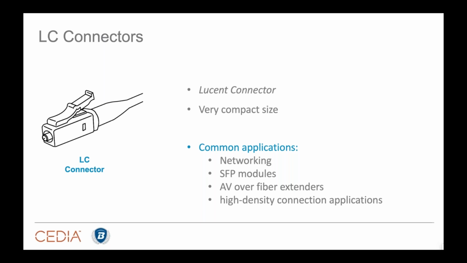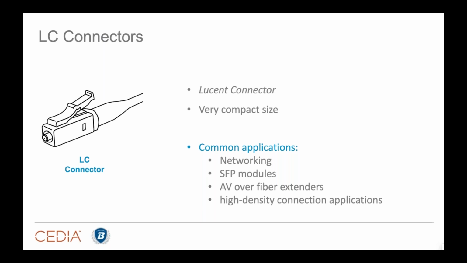We use this one because it's small. It allows us to make the boards of the electronics smaller and make a smaller physical footprint. And it acts very, very well. It clicks into that port, it stays in that port. It's a well-built, well-designed connector. It costs a little bit more to manufacture and to implement. Lucent has a patent on this, but this is the predominant connector that you'll see in most applications.